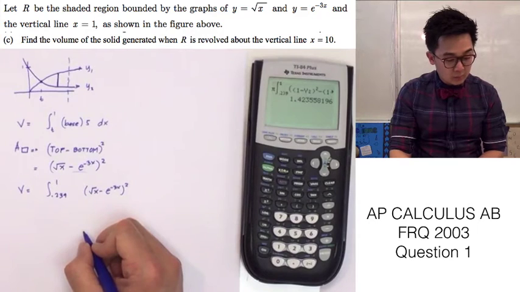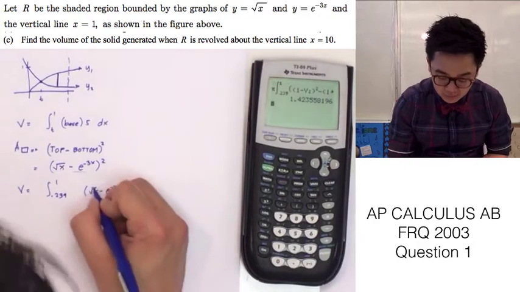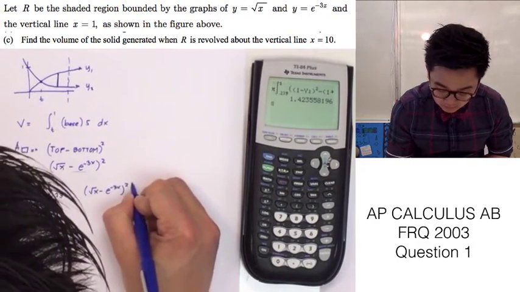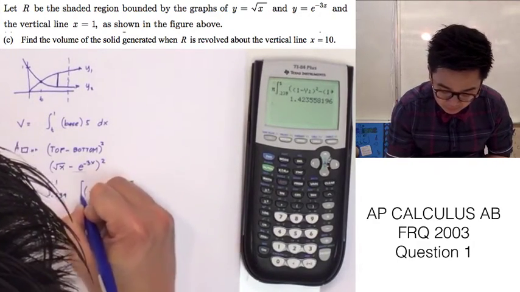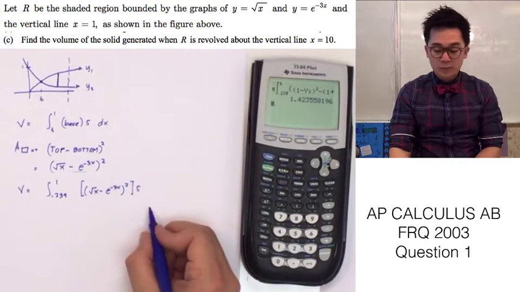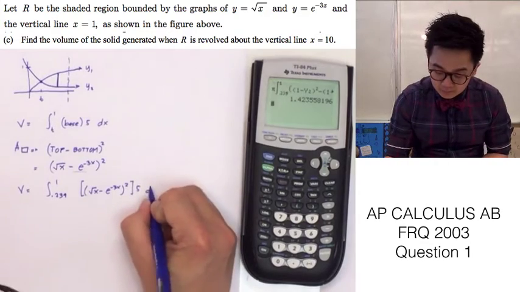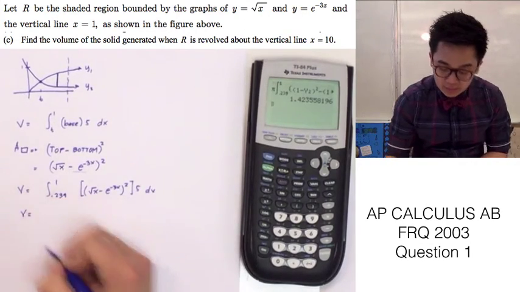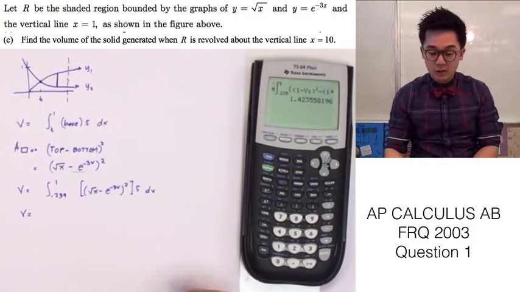And according to the problem, its height is 5 times the length of the base. So we're going to multiply this by 5. So using our calculator, let's find the volume of this solid figure.